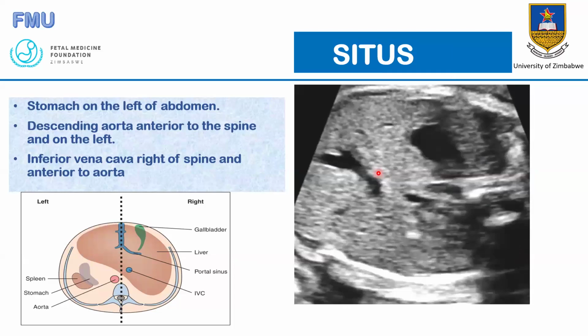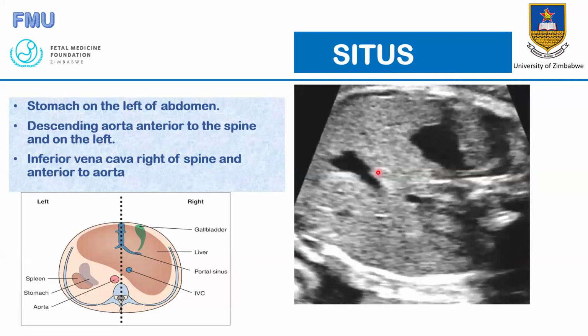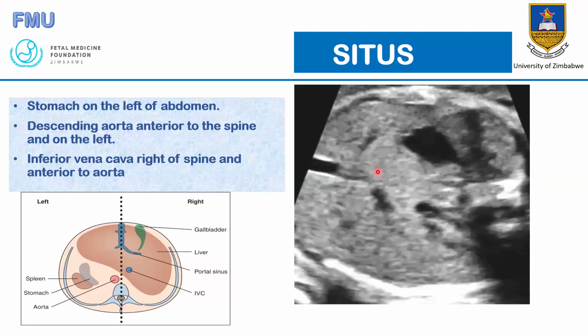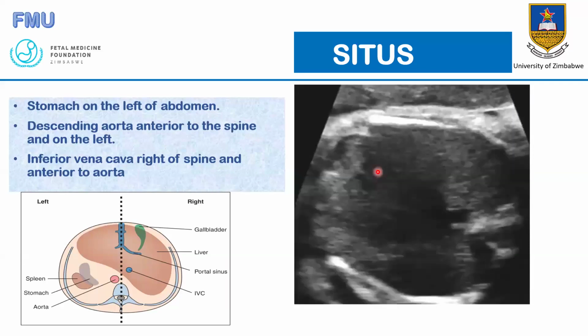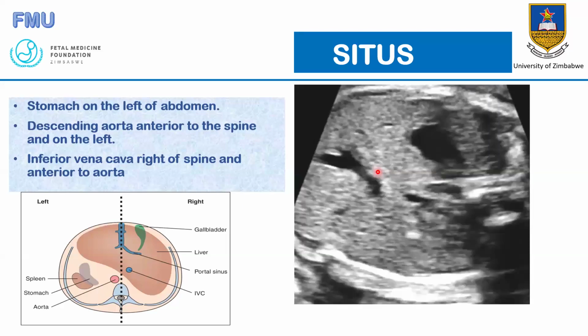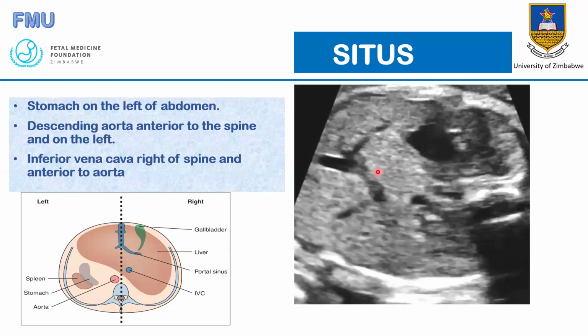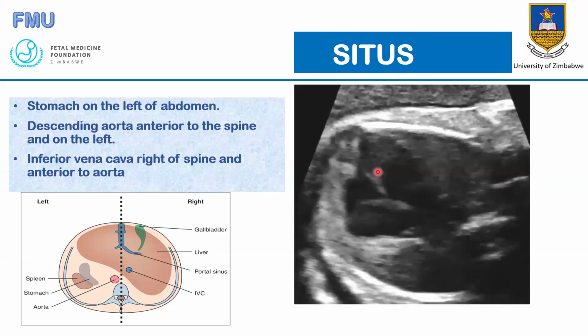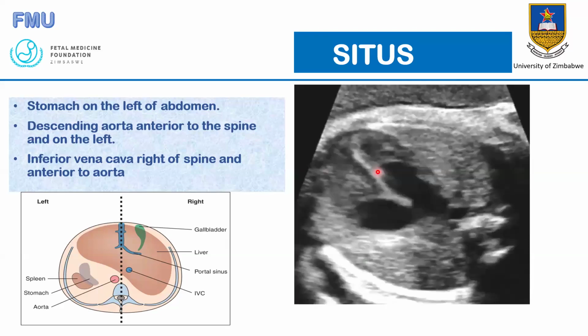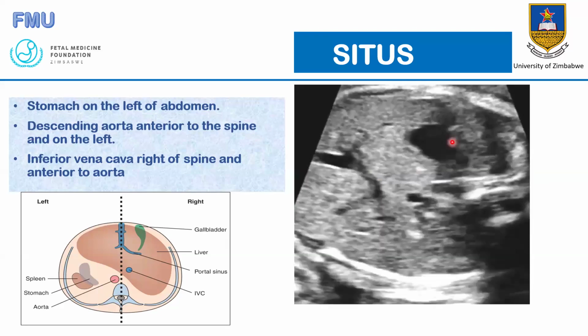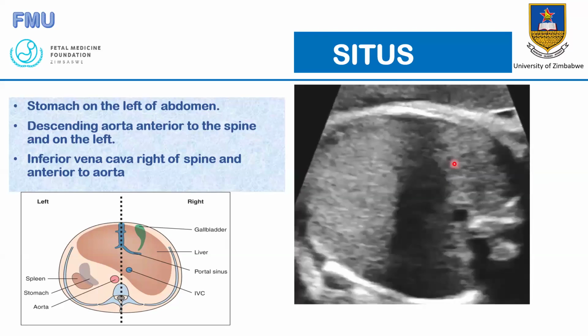But before you can do that, first of all, make sure that you have established how the baby is lying, and you've identified the left shoulder of the baby. If you haven't identified the left shoulder of the baby, you cannot determine situs, because you could have dextrocardia, you could also have a stomach which is on the right side, and you may think everything is normal. So you can see here the stomach and the heart on the left.